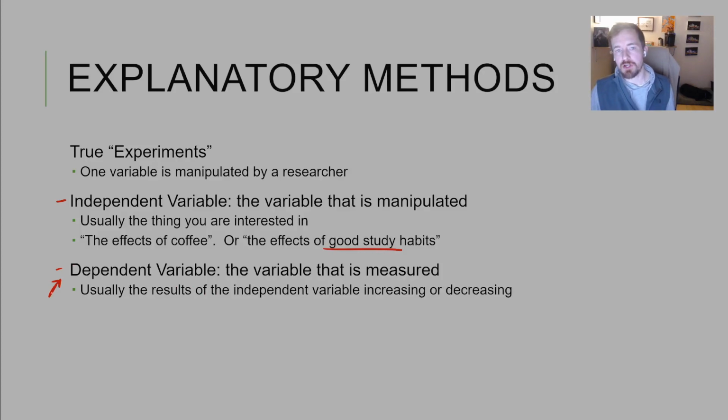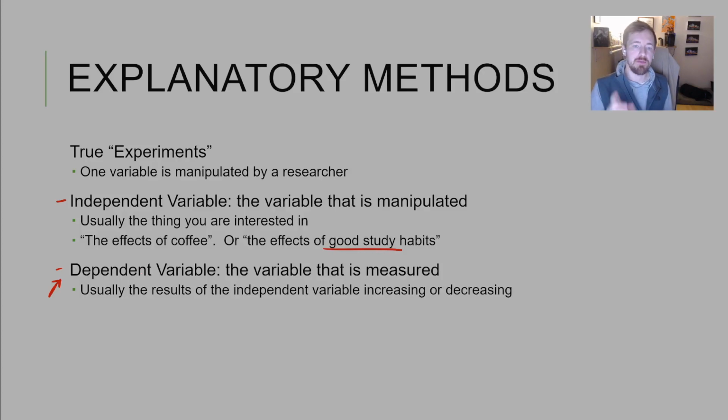So the dependent variable is what you're measuring as a result. It's kind of like your outcome variable. It's what you're studying to see whether or not there are effects. So usually these are going to be the result of you manipulating that independent variable.